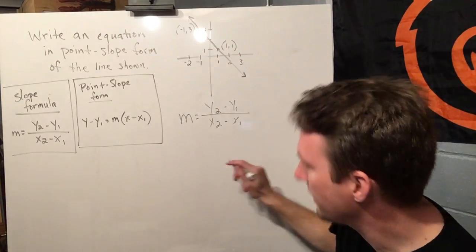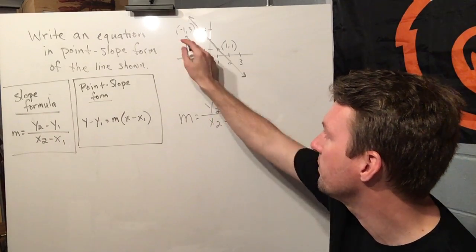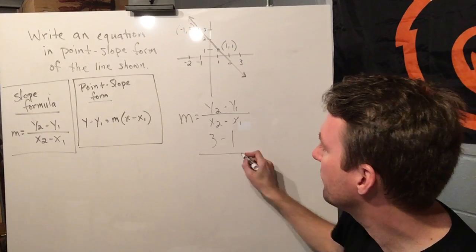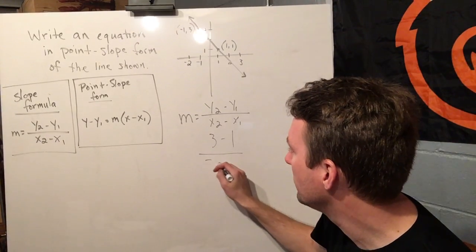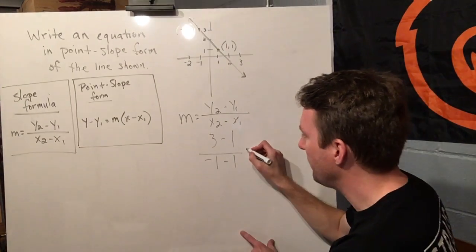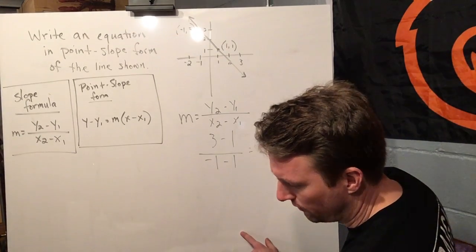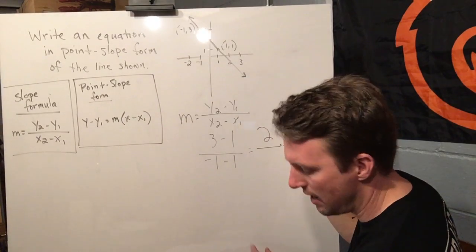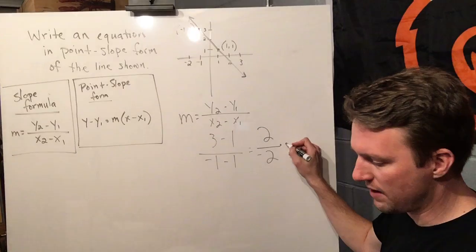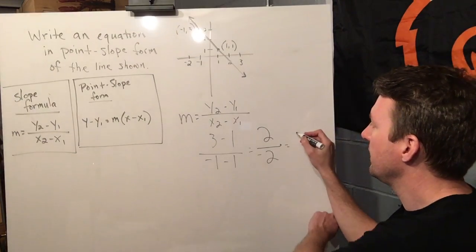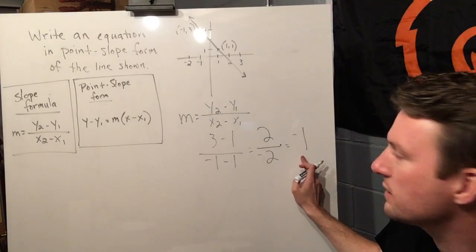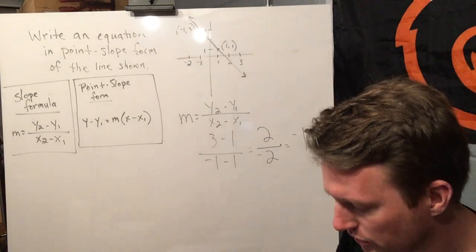So I'm going to take those coordinates and plug it in. y2 would be 3 minus y1 would be 1 divided by -1 minus 1. Now, when we do the math, that equals 2 over -2. 2 divided by -2 equals -1. Now, what that means is m equals -1. So m is our slope.